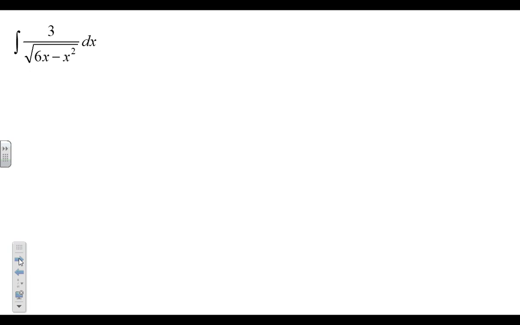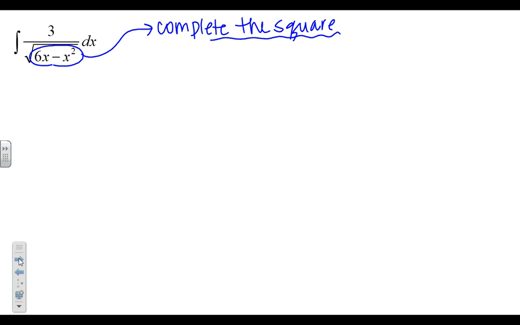We're going to complete the square. I'm going to write it as negative x squared plus 6x.